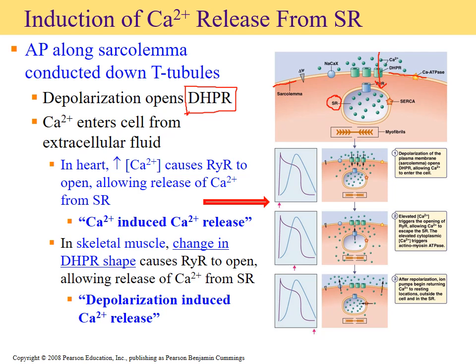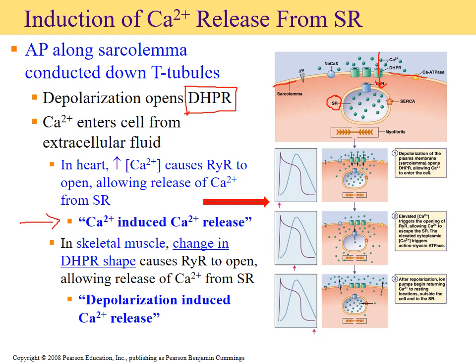In the heart, we're going to see a response called calcium-induced calcium release. What this means is that the minute calcium starts flooding into the cytoplasm of the myocyte because of the opening of the DHPR channel, the minute the calcium concentration becomes elevated, the ryanodine receptor will notice that as well, and it will open up, allowing calcium to be released from the sarcoplasmic reticulum.